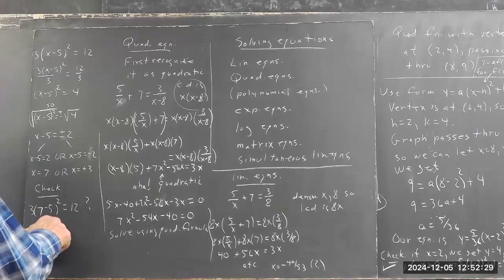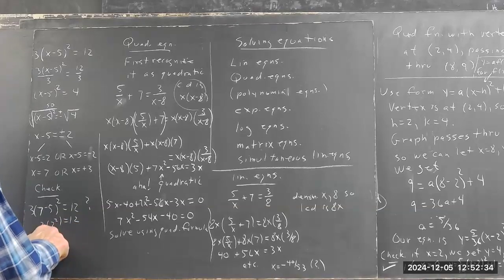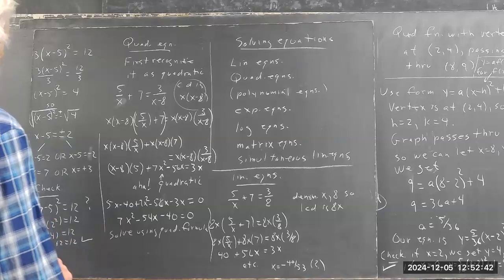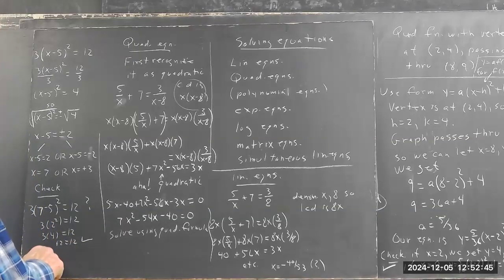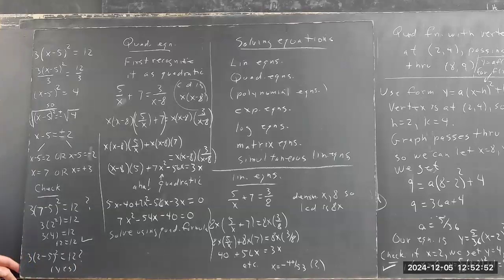Yeah. 3 times 2 squared equals 12. 3 times 4 equals 12. 12 equals 12. You can check that box. And similarly, 3 times 3 minus 5 squared equals 12. I'll put yes in parentheses down here. You can plug that in and see that it works. And that's pretty much what you need to know about quadratic equations.